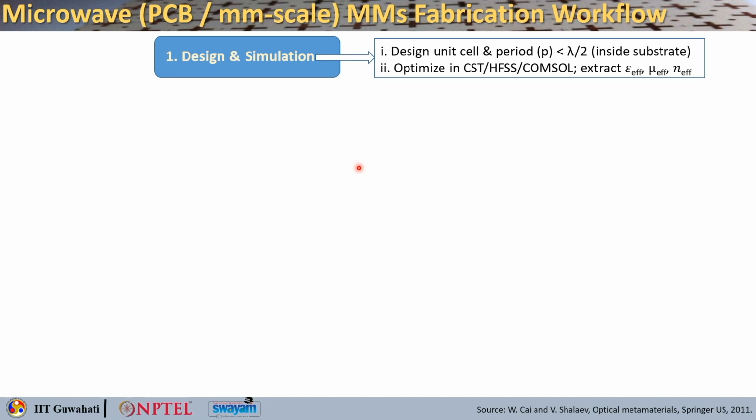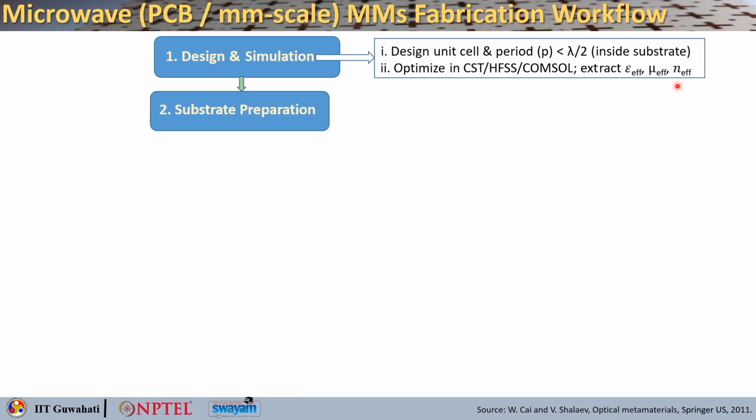These are commercial tools, HFSS or COMSOL Multiphysics. These are basically commercial solvers based on FIT, FDTD, FEM, different methods could be utilized. You can basically use them to solve Maxwell's equations and finally optimize your design and obtain the parameters such as effective permittivity, effective permeability, and also effective refractive index.